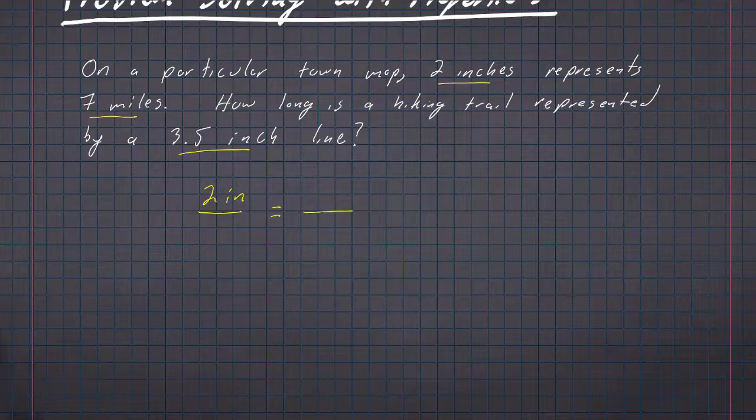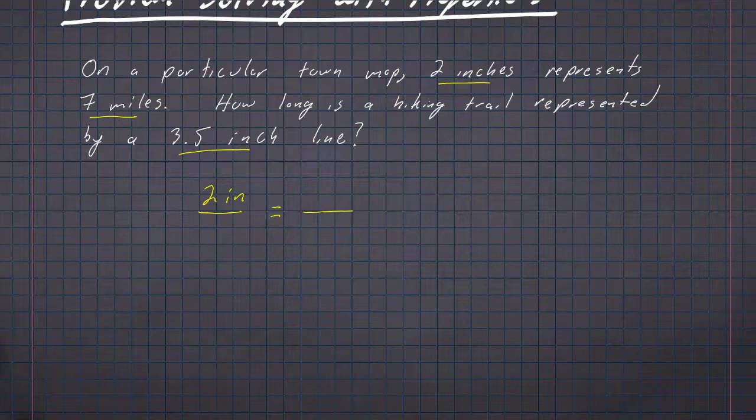So let's take a look at the next number. The next number may or may not decide what is to come. The next number is 7 miles. The map scale relates 2 inches to 7 miles. So because these 2 numbers are directly related to each other, they need to be near each other in the proportion.